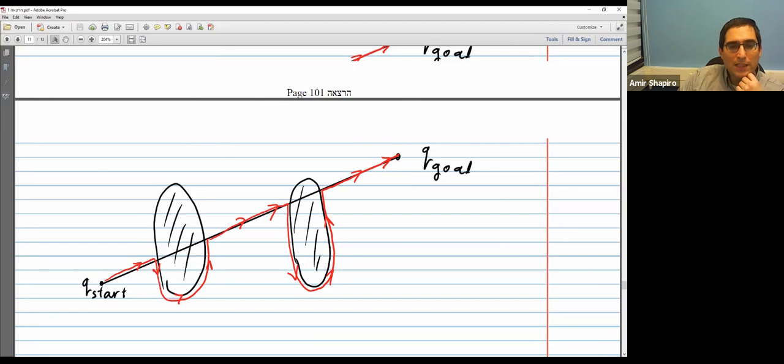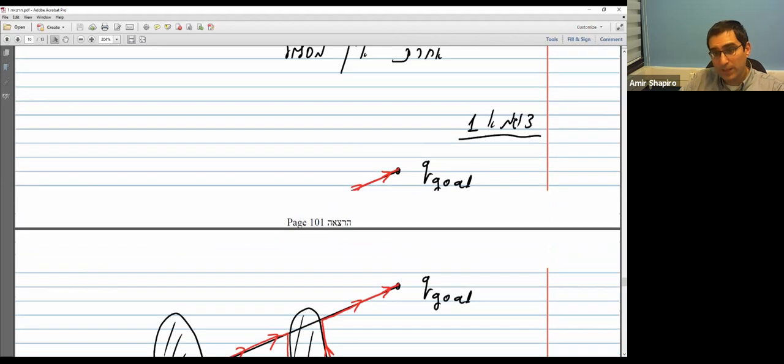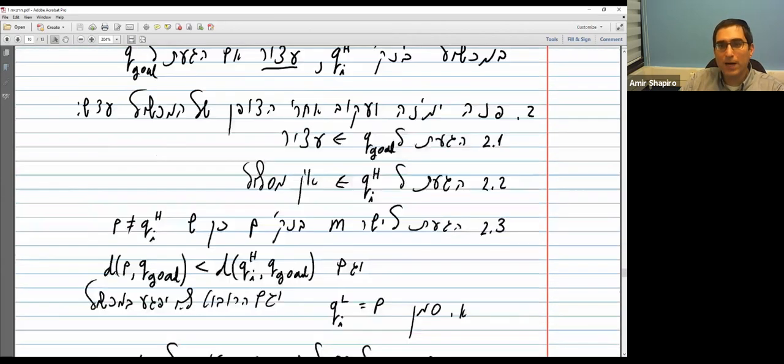When we hit the line again, we go along the line until we hit another obstacle, then we go around the obstacle again from one side, not the other, and then go to the goal. In this way, we don't go 1.5 times along the boundary of each obstacle. This is the main idea of bug 2.